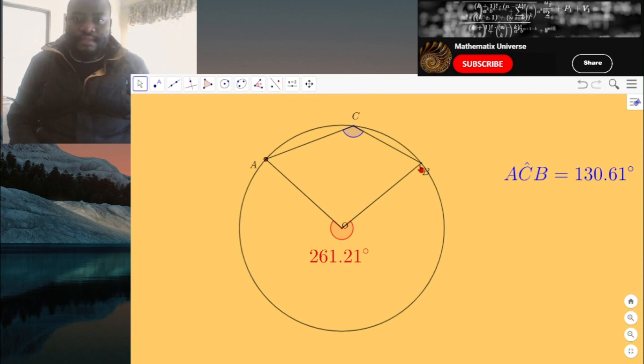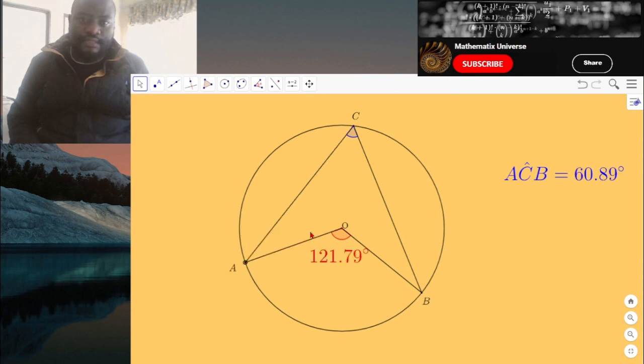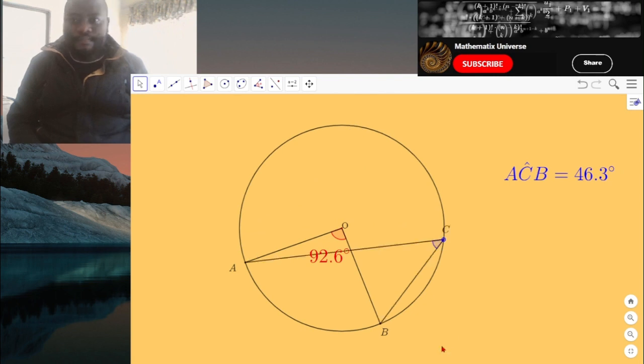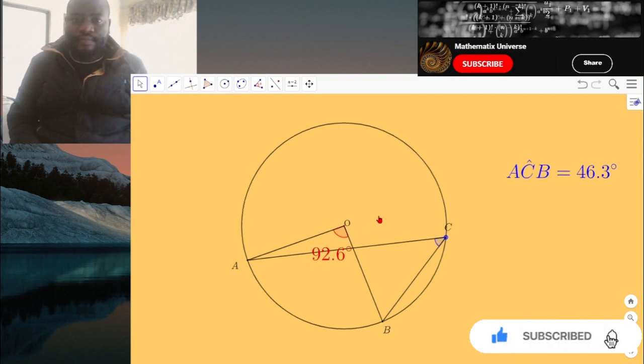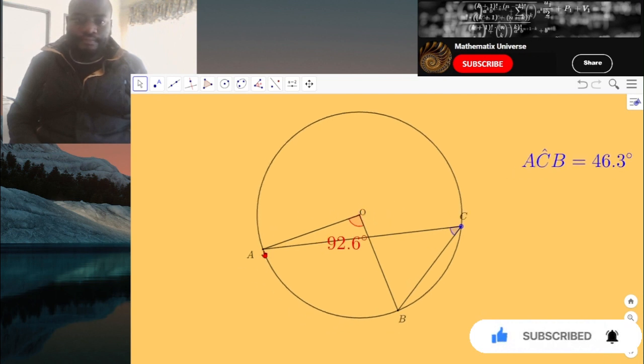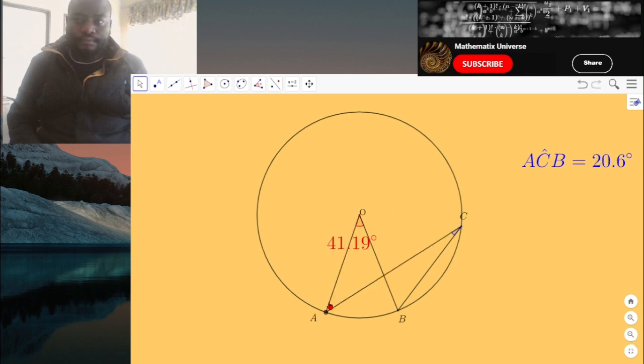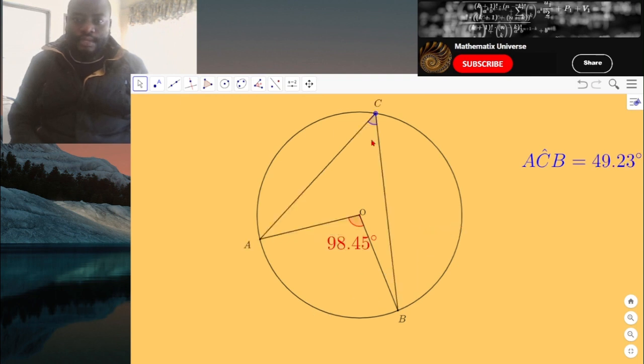And then this is how diagram B, the second part of the proof that I did, would look. And then you see this is 46.3 multiplied by 2 gives us 92.6. So yeah, you can play with this the whole day.